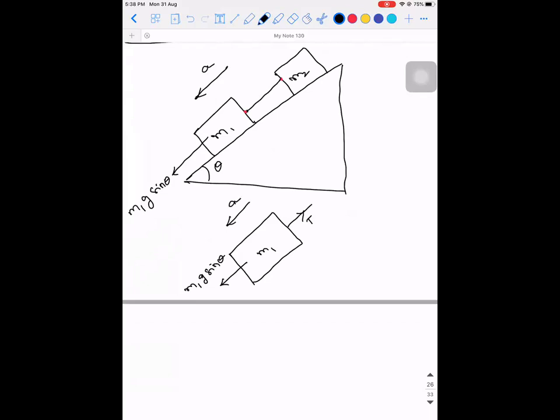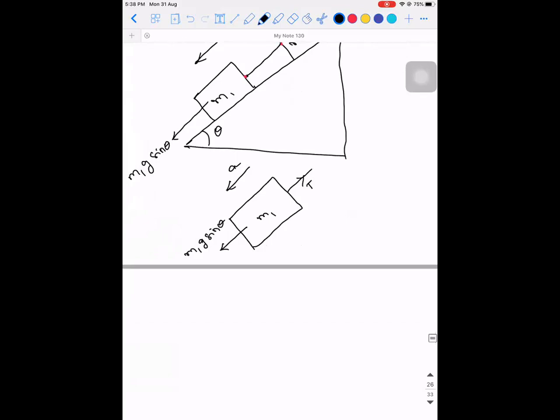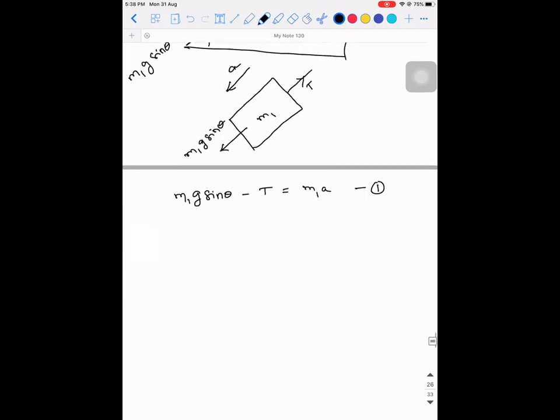Which force is greater than the other? m1g sine theta. So m1g sine theta minus T is equal to m1a. Let this be equation number 1.